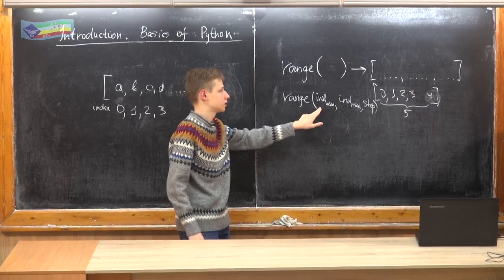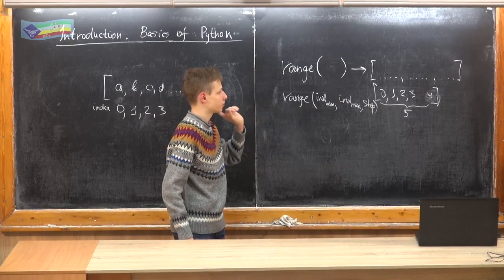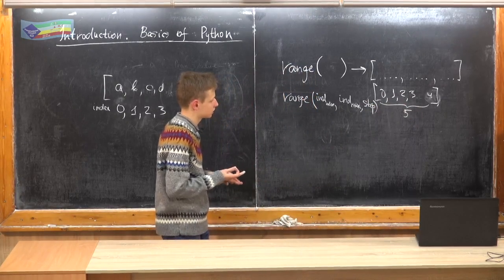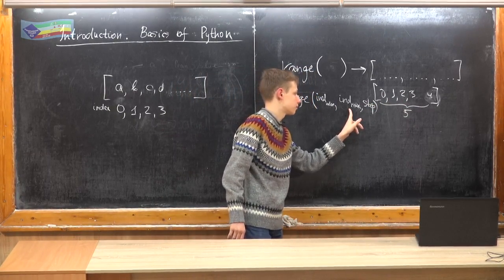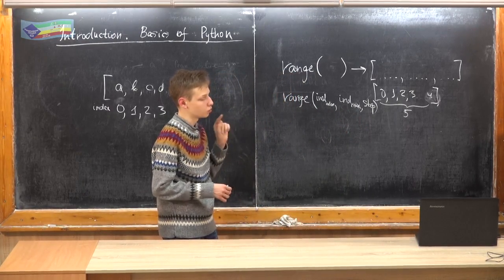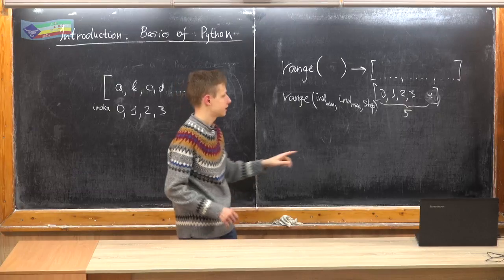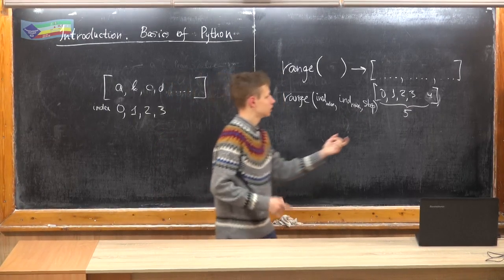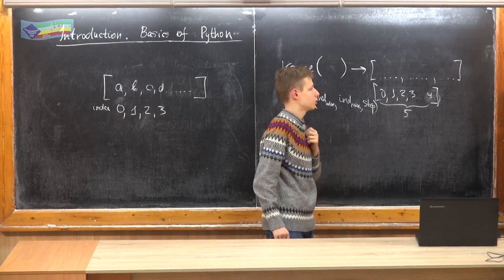Minimum index is the index from which the list which range will create starts. Maximum index is the index at which it will stop creating the list, and it won't be included in the list. And step is the difference between elements of the array.